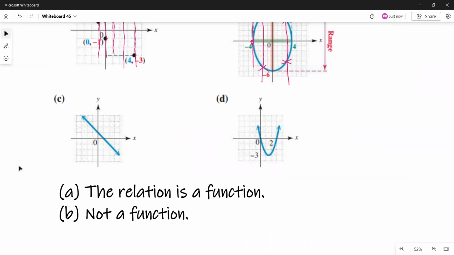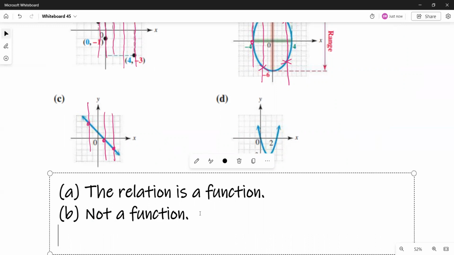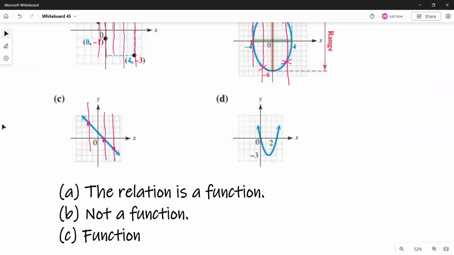In part C, every vertical line will intersect the graph at most 1 point. So that one is a function. And D, that's still going to be a function. Every vertical line intersects the graph at 1 point.